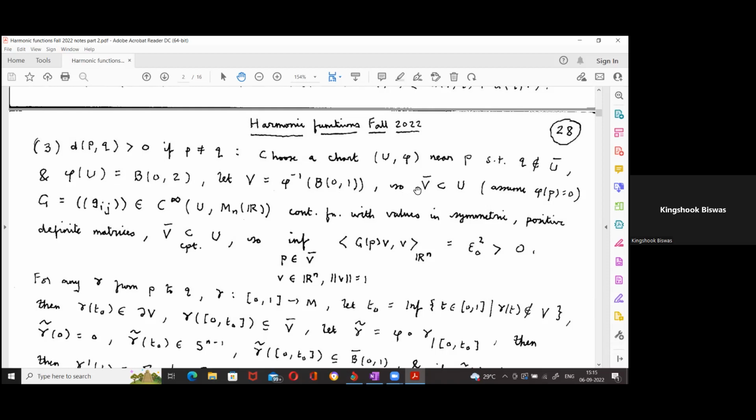So V closure is contained inside U. We're assuming that phi maps the point P to the origin.